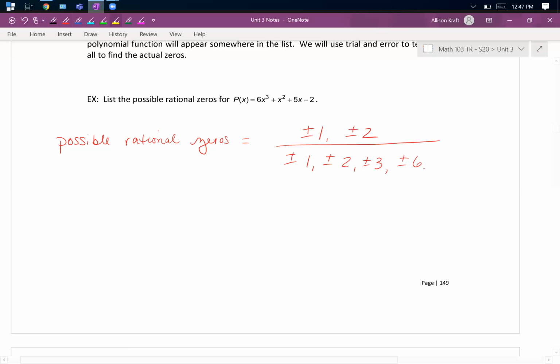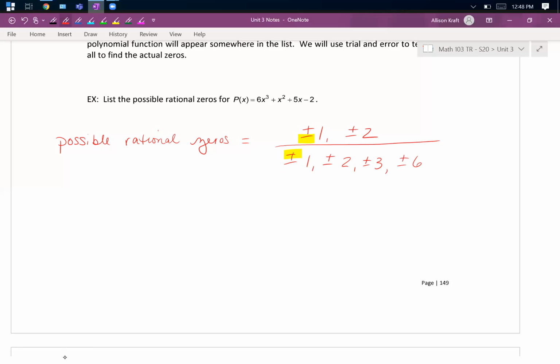If you think about it, it makes sense, because if I take the positive and the positive, I'm going to get positive. If I take the negative and the negative, I'm going to get positive. If I take the positive from the top and the negative from the bottom, that'll be negative. And if I take the negative from the top and the positive from the bottom, I'm going to get a negative as well. So I still get a plus and a minus.